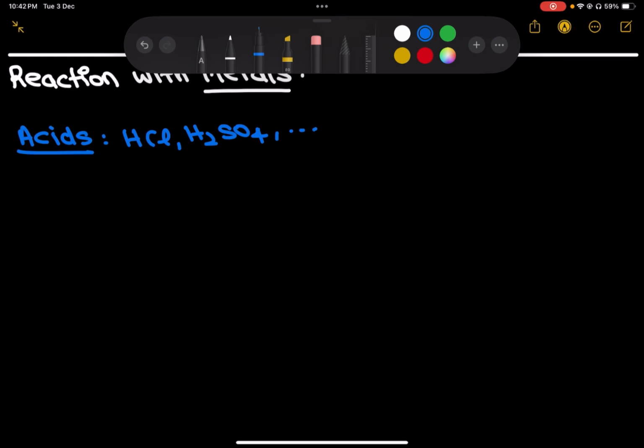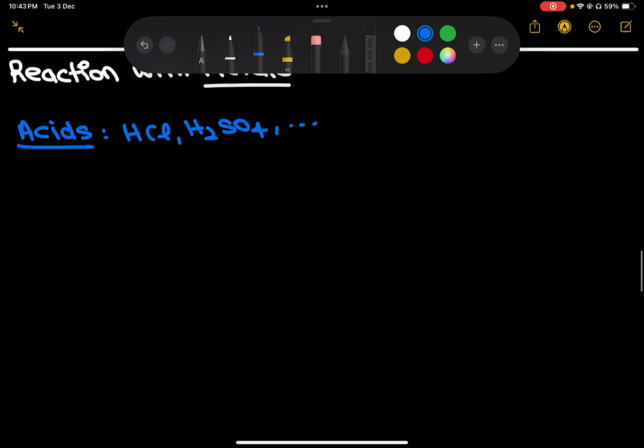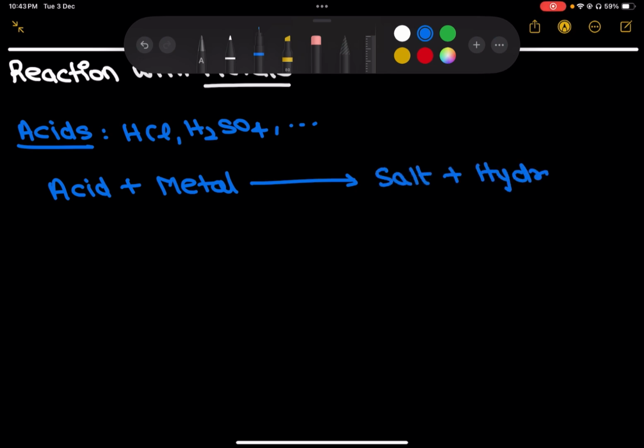Okay, now I'll write the general equation for what happens when acids react with metals. See, acid plus metal gives a salt plus hydrogen gas. Right, so this is the general equation or general reaction which occurs.